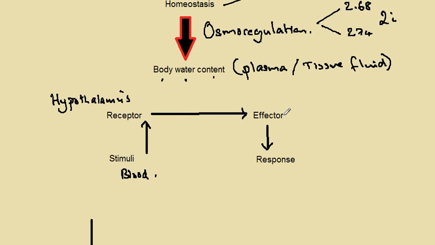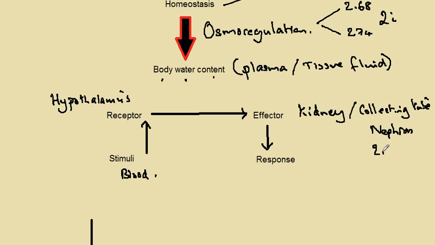The effector in this is the kidney, and more particularly the collecting tube of the kidney nephron. Students are referred to syllabus statements 267 to 275 for more details on the kidney as the organ of osmoregulation.